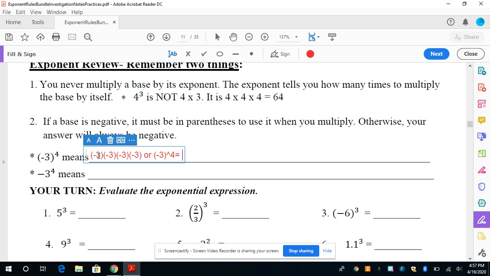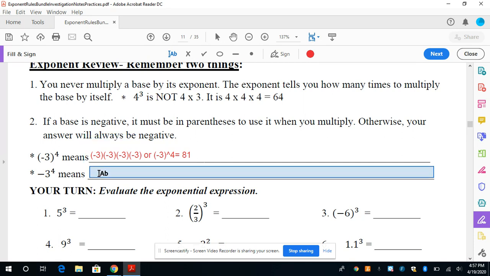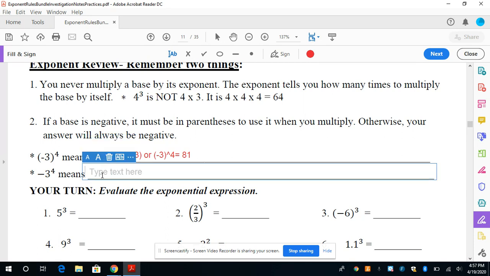What do we got here? I don't know what the answer is. What is 3 to the 4th power? 81. I could have done that in my head. All right. Negative 3 to the 4th means that you are actually doing 3 to the 4th.